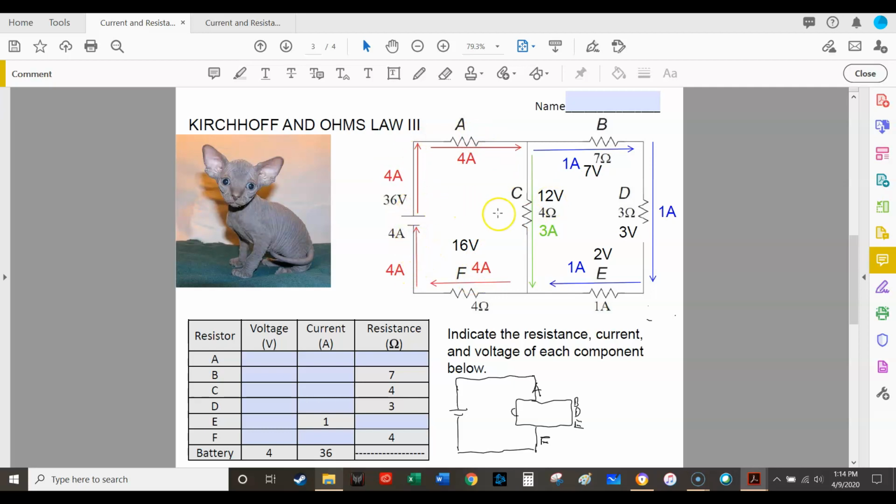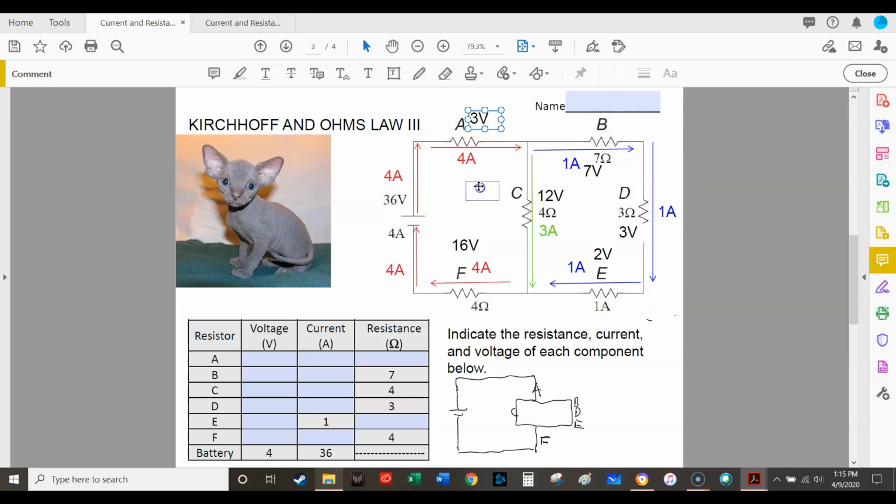Okay? So 12 volts plus 16 volts, 28. And what that says to me is that this has to be what is left over.